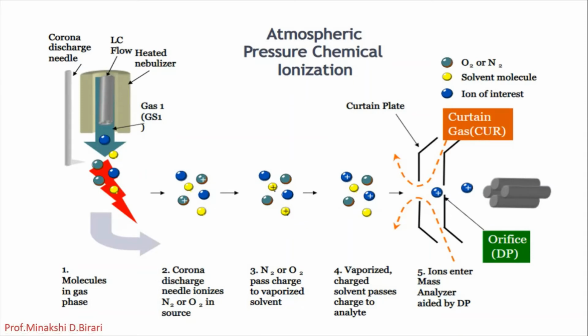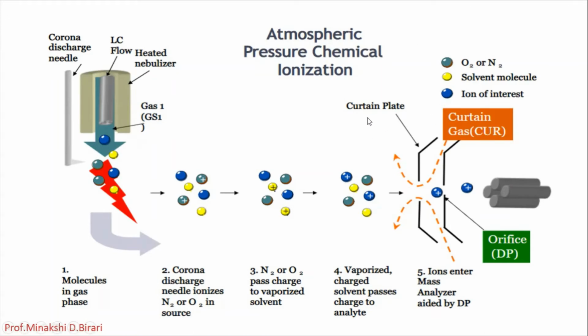In APCI, the electric field is sufficiently strong to ionize solvent vapor by either removal or donation of an electron. That means to form the positive ion mode or negative ion mode. Ion-molecule reactions then result in the formation of reactive species.